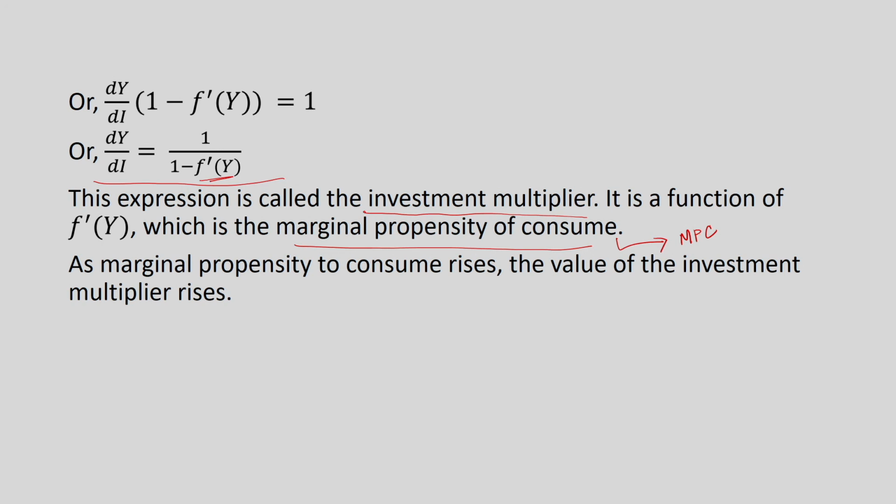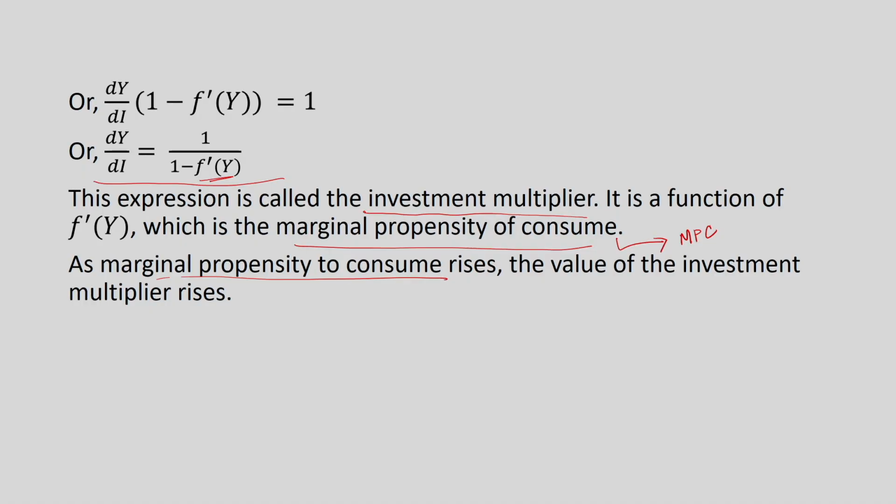So, MPC is something which appears in the investment multiplier, and you can verify that as MPC rises, then the value of the investment multiplier also rises. So, what it means intuitively is that if people spend a greater portion of their additional income in consumption, that basically increases the impact that investment increment might have on the national income.